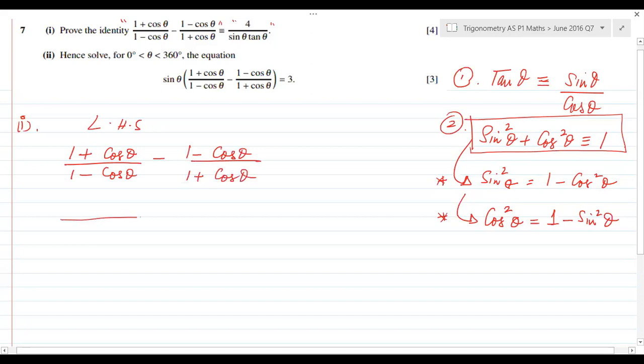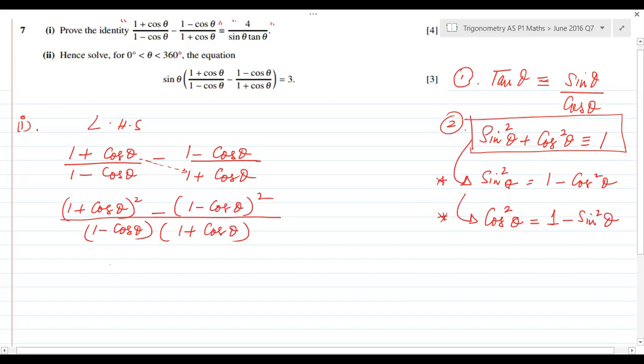So first we take a common denominator, the LCM: 1 minus cos theta bracket, 1 plus cos theta. Now we already have 1 minus cos theta over here. So in the numerator, we have 1 plus cos theta, multiplied by this 1 plus cos theta. So that would be 1 plus cos theta squared minus, same goes over here, 1 minus cos theta whole thing squared.